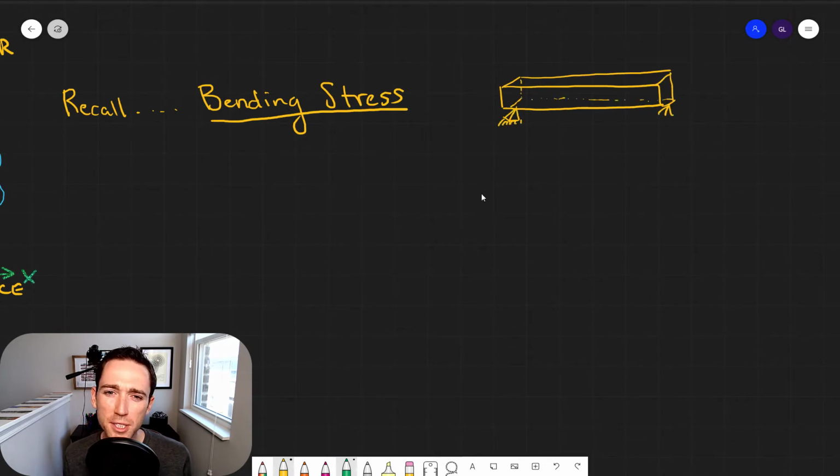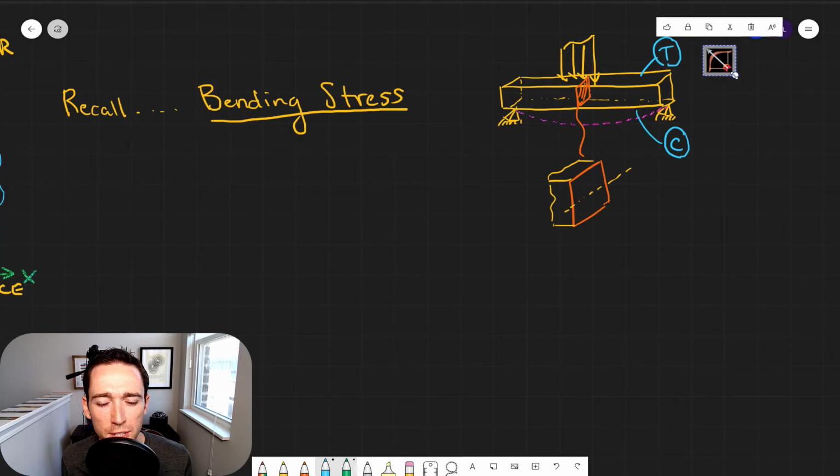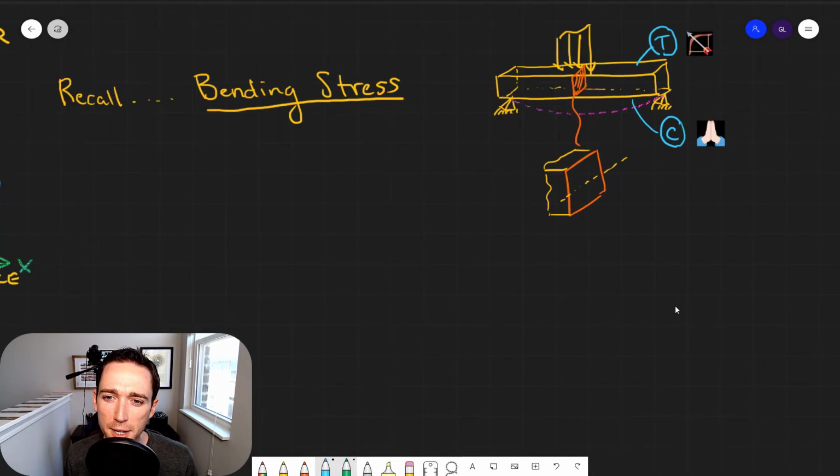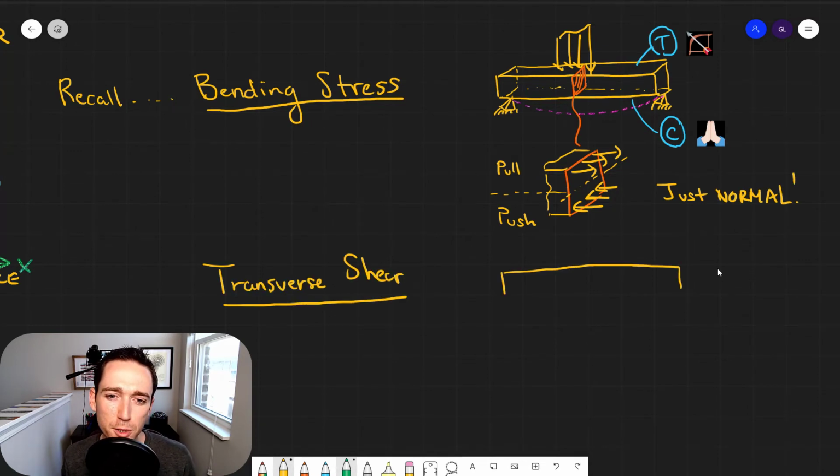We also see it when we're doing bending of beams. Classic pure bending, what is it? Well, it's nothing but tension on the top and compression on the bottom. Nothing but normal stress on the top and the bottom, pulling and pushing, nothing but normal. We also have shear stress in beams.